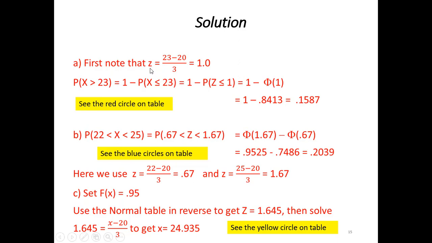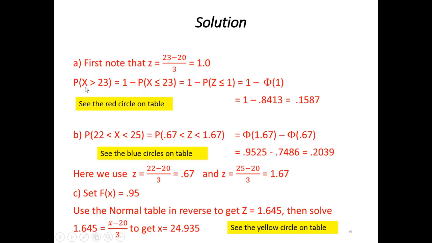So we calculate z. Let's say z is 23 minus 20 over 3, right? This is your x minus your mean over a standard deviation. We see this works out to be exactly 1, or 1.0.